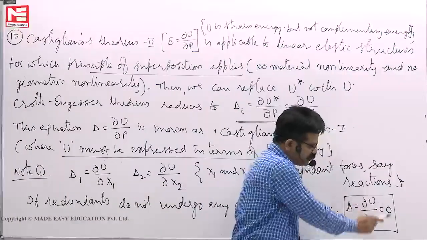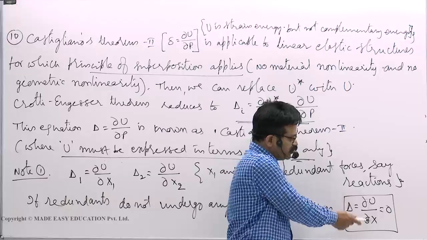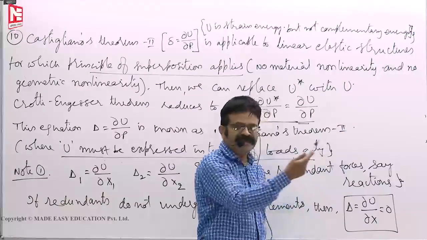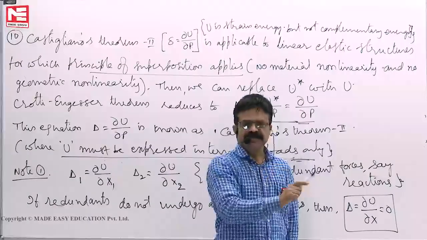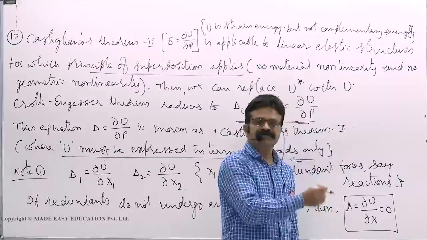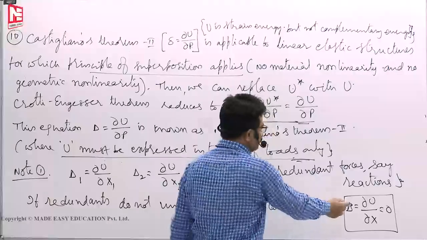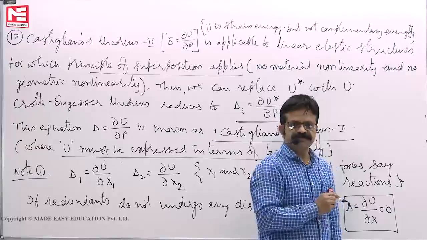Now this expression brings in the maxima-minima principle. If dou U by dou x is 0, U can be either maximum or minimum. But if you have a stable equilibrium condition, U must be minimum. That means this now becomes the principle of minimum strain energy, which is a particular case of Castigliano's theorem 2.